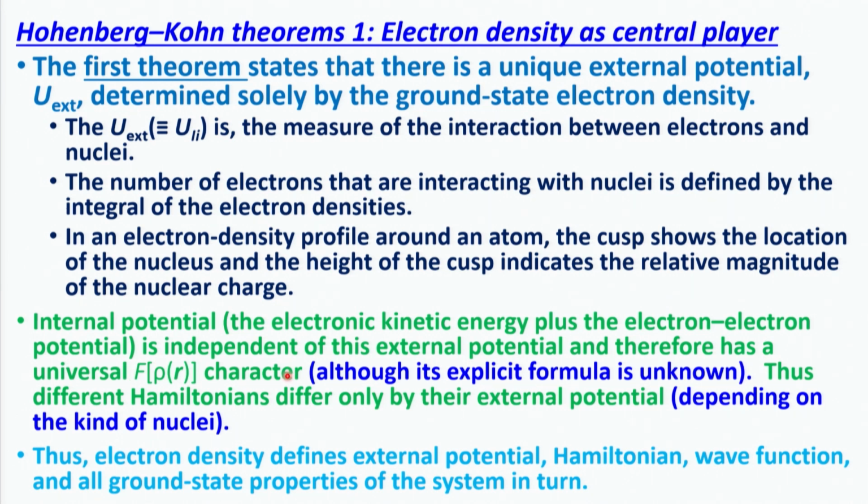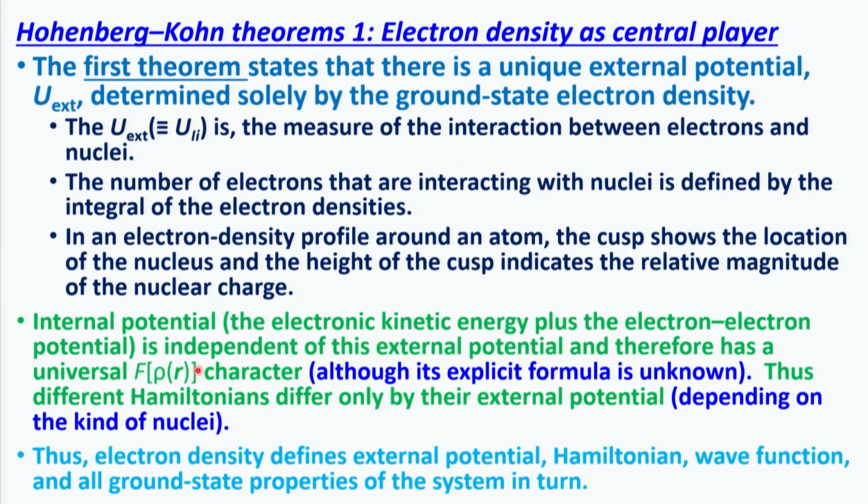What it says is that the internal potential, that means the electronic kinetic energy plus the electron potential, the only electronic terms in the Hamiltonian operator, is independent of this external potential, and therefore has a universal functional form.